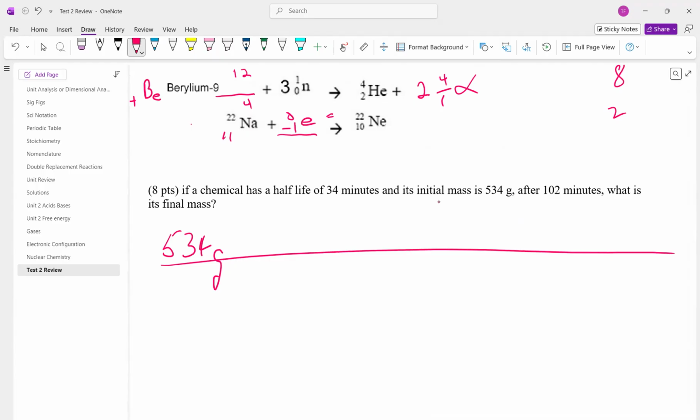Okay, and what's the half-life? So after 1 half-life, 34 minutes, it's going to be what? Half of 534 is what? What is that? 267?